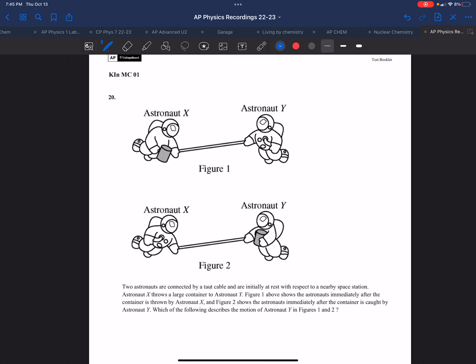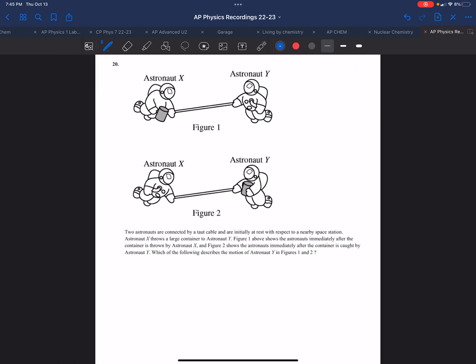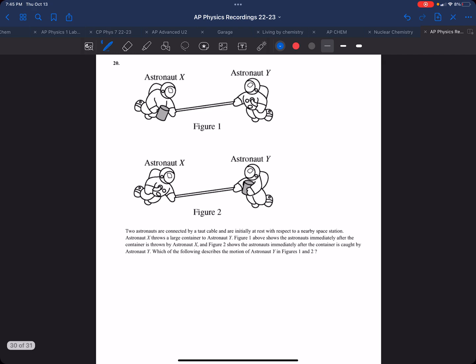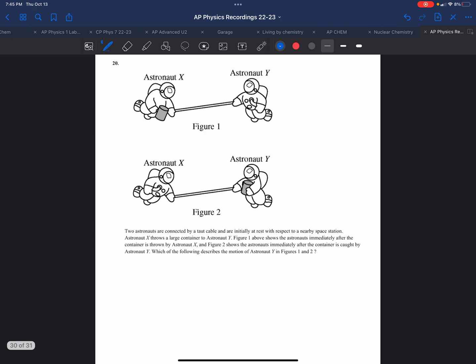And our last question about our friends, the astronauts. So we have these two objects that are initially at rest. V0 equals 0, V0 equals 0. X throws a large container. So you see this container.